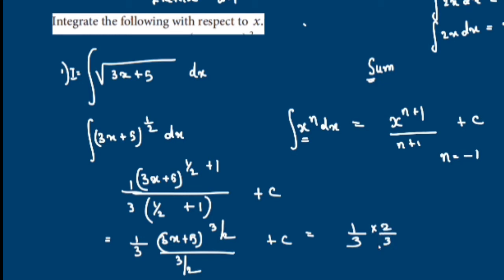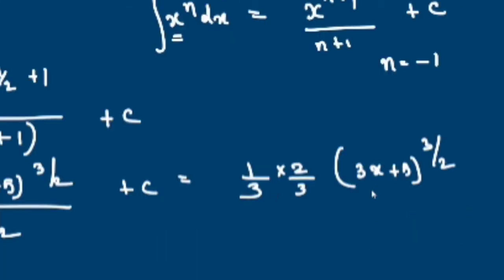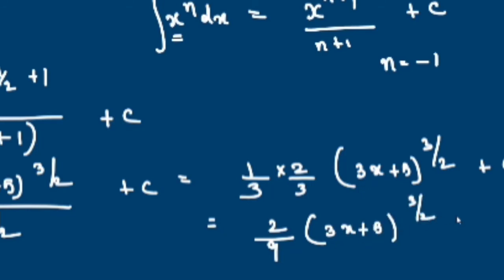So 1 by 3 into 2 by 3 into 3x plus 5 the whole power 3 by 2, that is 2 by 9 into 3x plus 5 the whole power 3 by 2 plus c. That's the answer. So if you know the formula, we can do these sums.